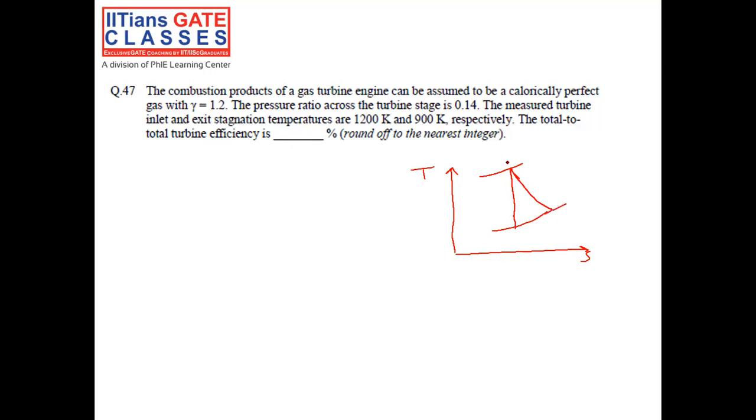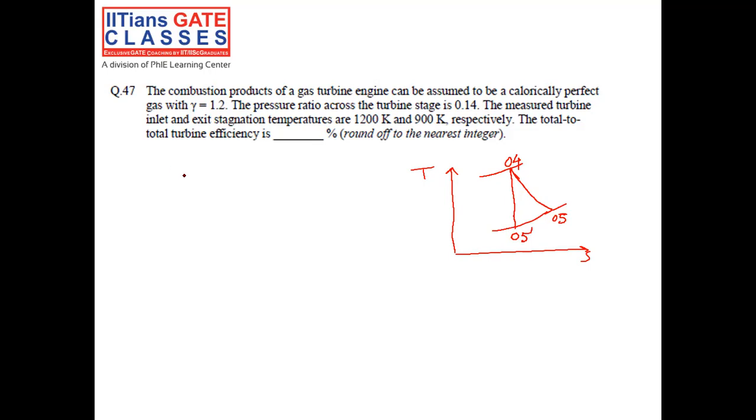So this is the entry of the turbine, which can be denoted as O4, and this is the exit of the turbine, O5, and this is the exit of the turbine for an isentropic case. That is, if the turbine is ideal, that is reversible adiabatic, then this will be the outlet condition of the turbine.